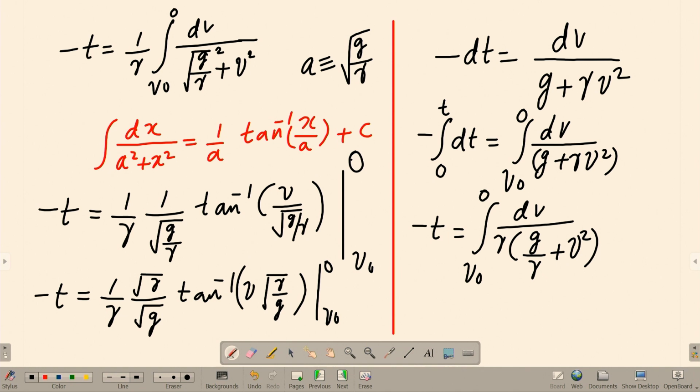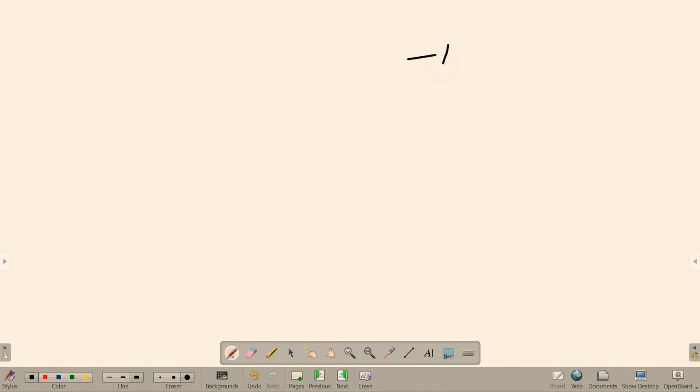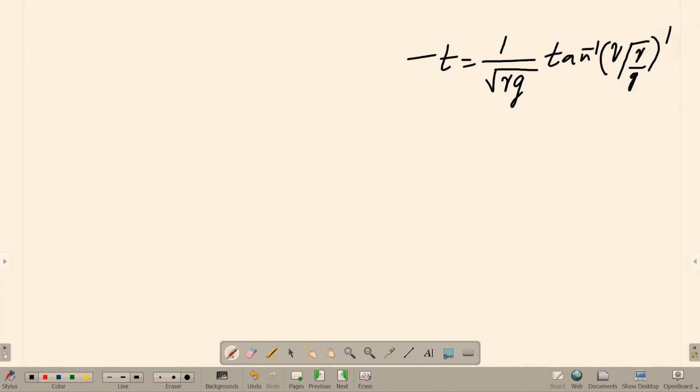Now we can cancel root gamma with gamma, so this gives you 1 by root of gamma g. So minus t is equal to 1 by root of gamma g tan inverse v root of gamma by g, in the limit v0 to 0.